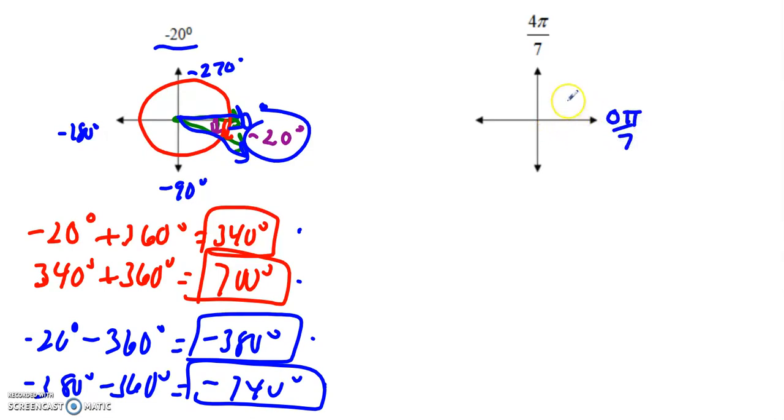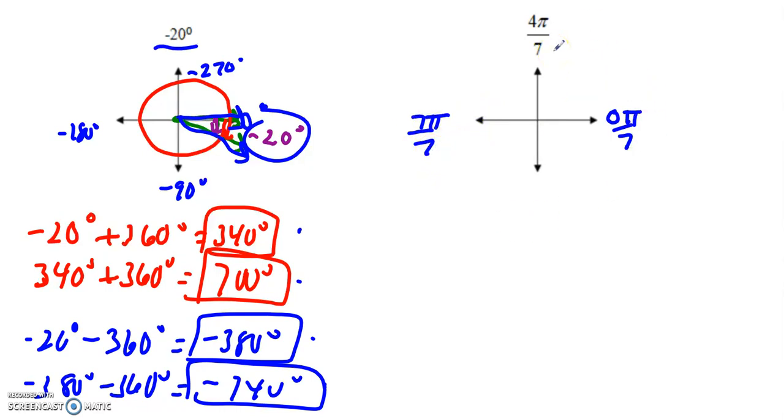And if I go around and stop here, that's technically pi, or 180 degrees. So if I want to represent an angle in terms of sevenths, that would be 7 pi over 7, because 7 over 7 reduces and crosses out, so this would really just be pi. The reason I'm writing 7 pi over 7 is because everything is in terms of sevenths now.